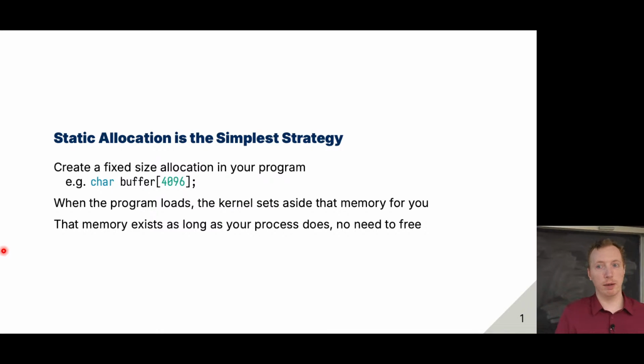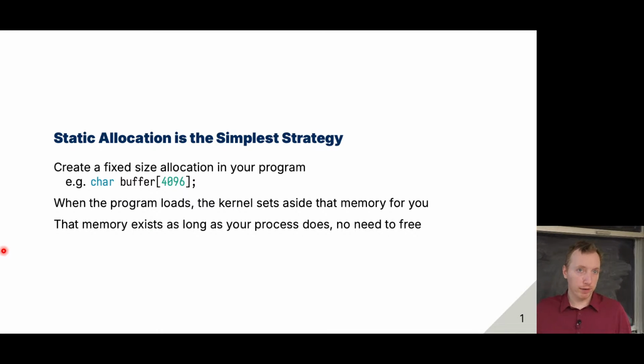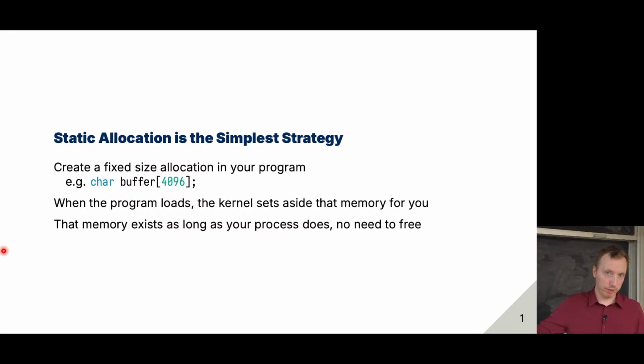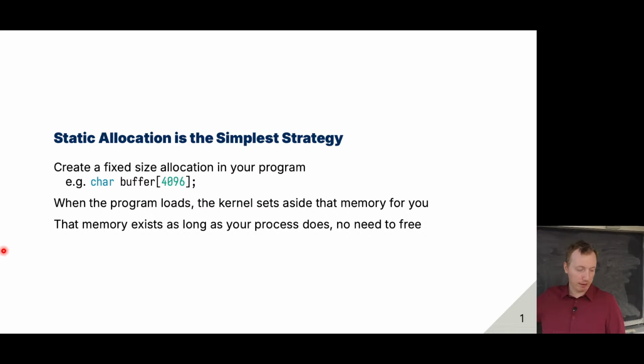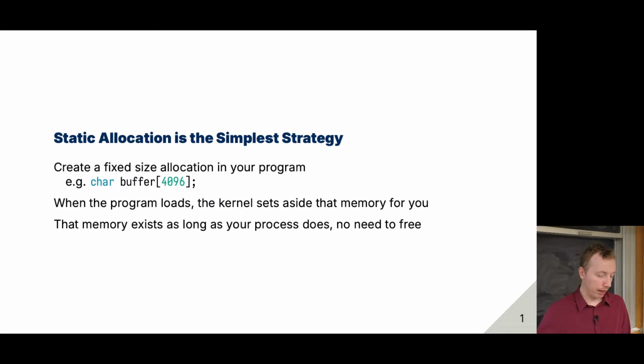And then the kernel's job is to set aside that memory for the program, set aside 4096 bytes, and make sure that that's actually valid. If the kernel runs out of memory loading your program, then, well, too bad, your program is probably not going to load. If your program loads successfully, then you have access to that memory.